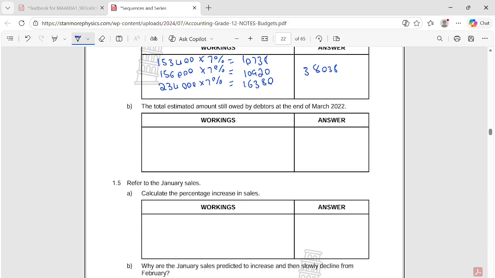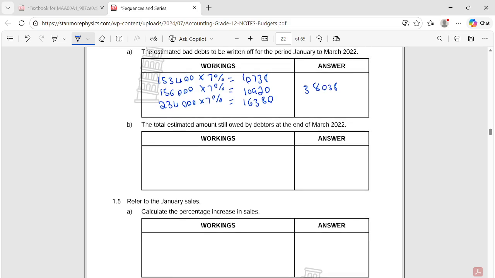So for January our customers only owe us 7%. So I'm going to say 280,800 multiplied by 7% that is owed by our customers, which is bad debts.